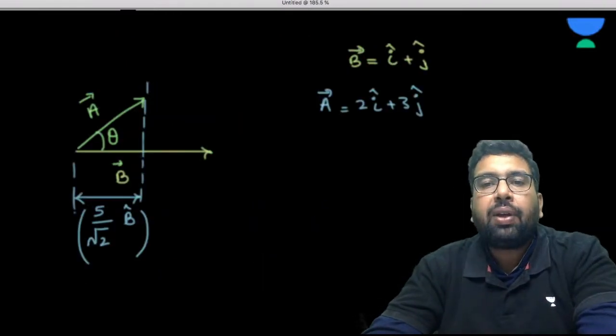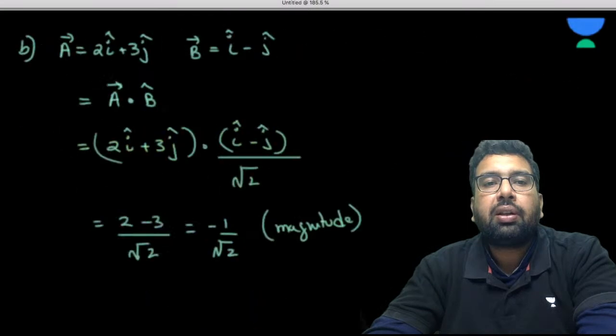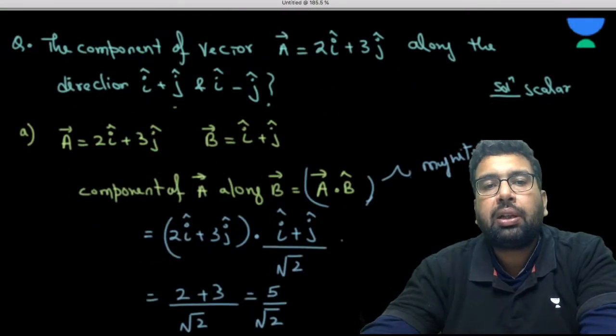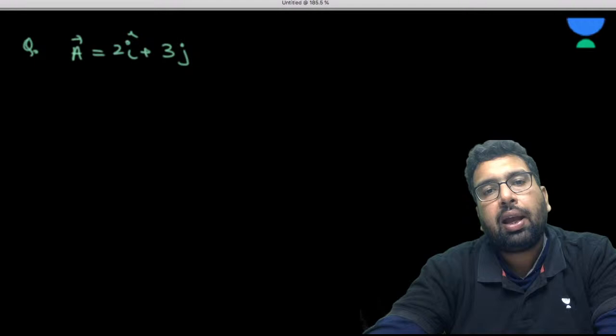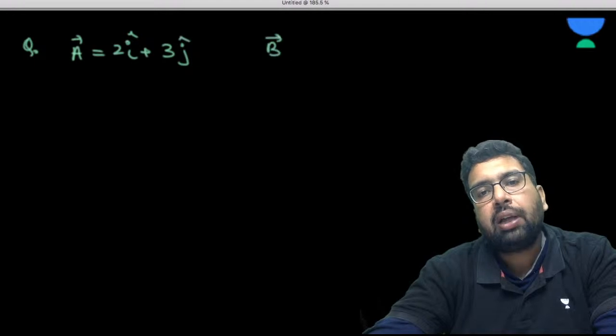Right? Now, if I ask you in the same question, let's suppose this one. So, see, A vector is 2I cap plus 3J cap. Okay. And B vector is I cap plus J cap.